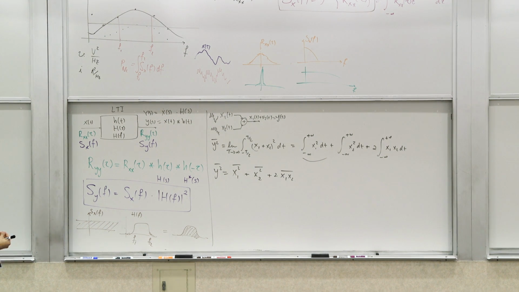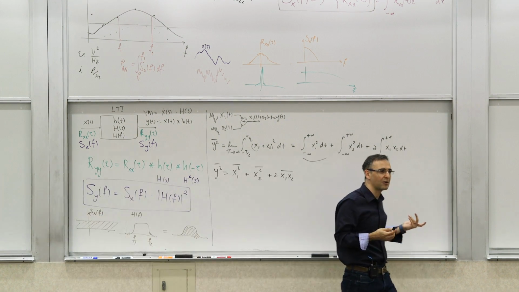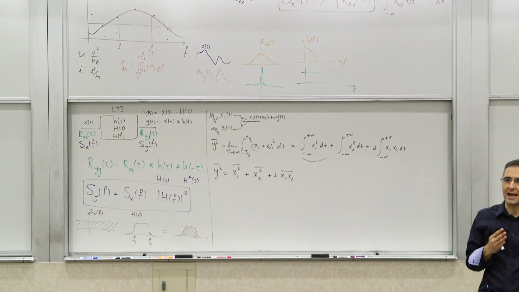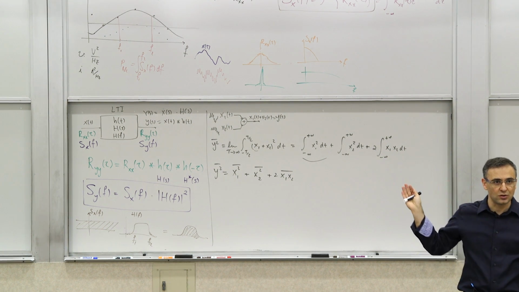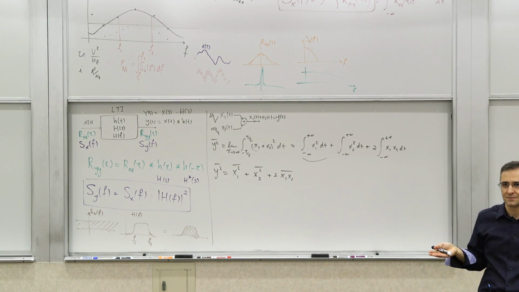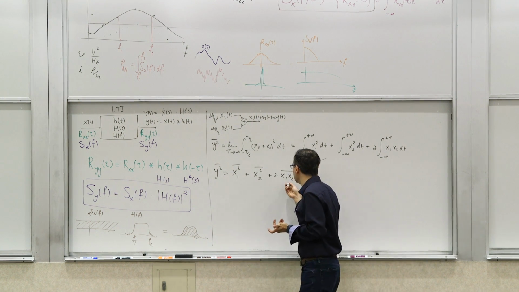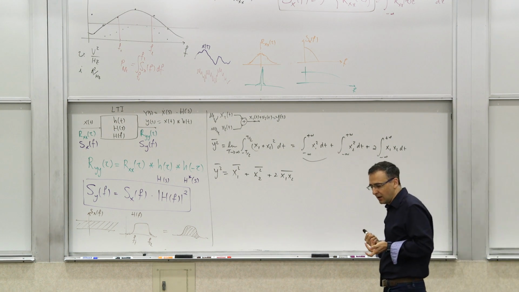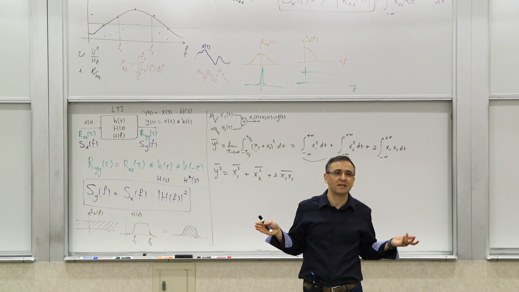Because this is some sort of a cross correlation between x1 and x2 evaluated at tau equals 0. It's a measure of how they're correlated. If you take them and multiply them at all times, is it going to average to something big, or if they're both completely random, is it going to average to 0? So if they are related to each other, then this can be non-zero. So you have correlated signals. And if you don't have them related, on a large average, it would basically average out to 0.